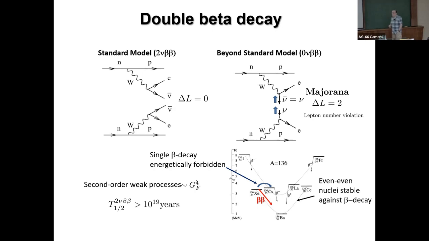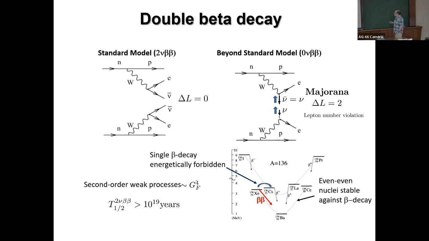But if you have the possibility that the neutrino was its own antiparticle, that the neutrino was the same, in other words, if you had the Majorana condition, you are going to get the possibility to have this intermediate line, and this intermediate line gives you a different sort of double beta decay, because it's a neutrinoless double beta decay.